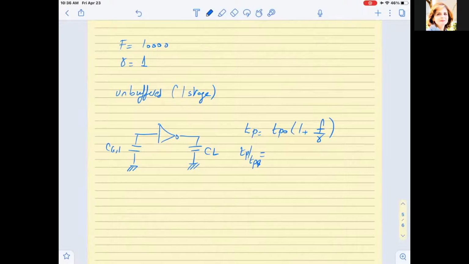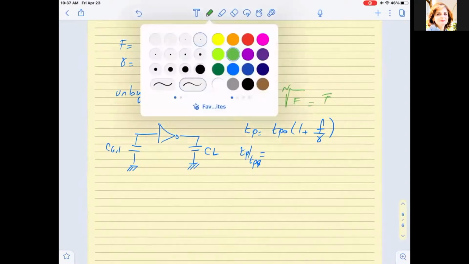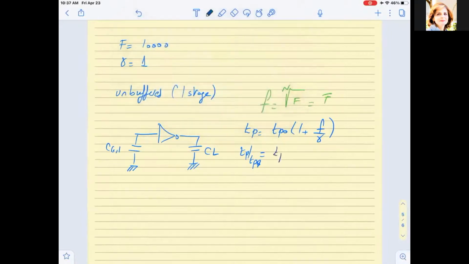What is F in this case? F in this case is equal to the nth root of big F, which is big F. So the delay would be TP0 into 1 plus 10,000 over 1, which comes out to 10,001, that we just saw a little bit before. Any questions?